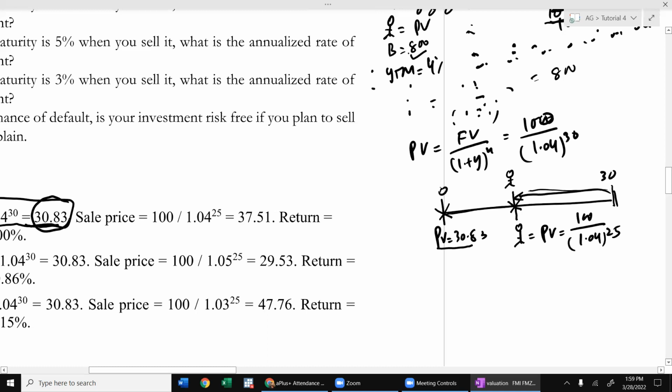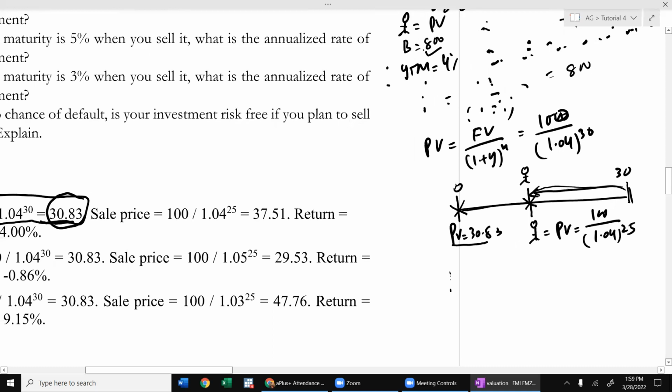We discounted it for further 25 years. Now we have two values. One at year 0, that is 30.83, and one at the end of the 5th year, that is 37.51, and one at the 30th year, that is 100.